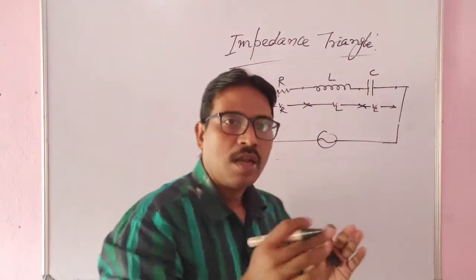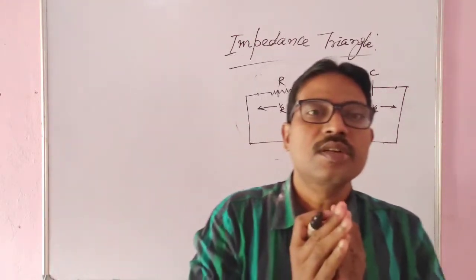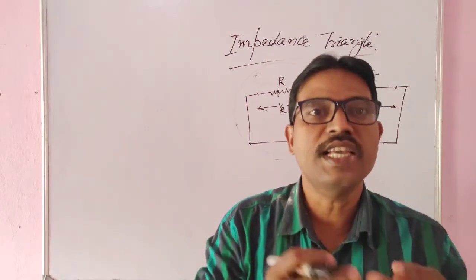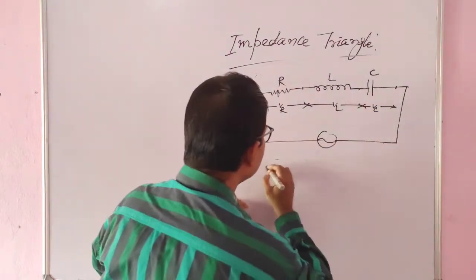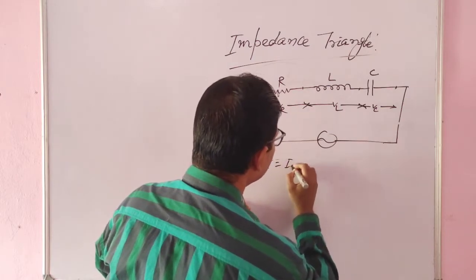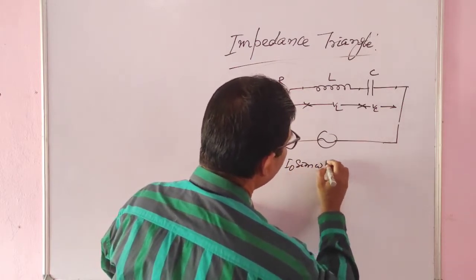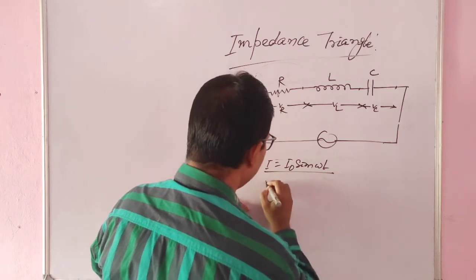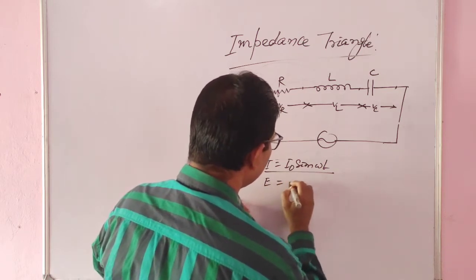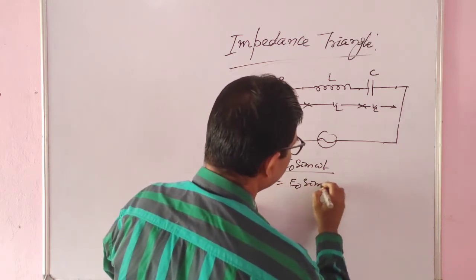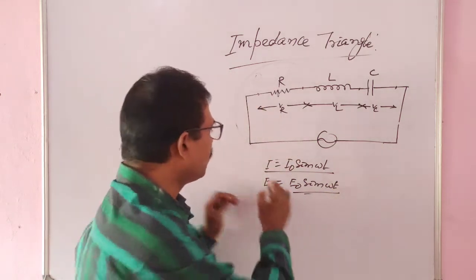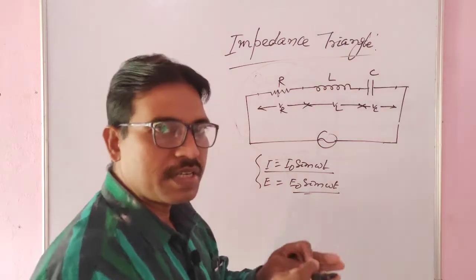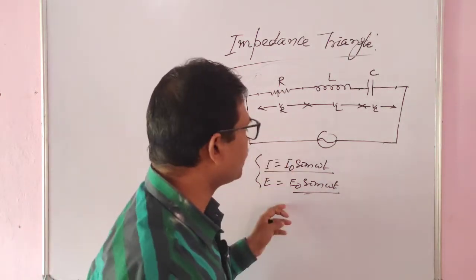So, the phase difference between alternating current and EMF or alternating voltage, current and voltage. I is equal to I naught sin omega t varies, but E is equal to E naught sin omega t. It is constant. Source is constant, but when circuit contains only R, there is no phase difference.